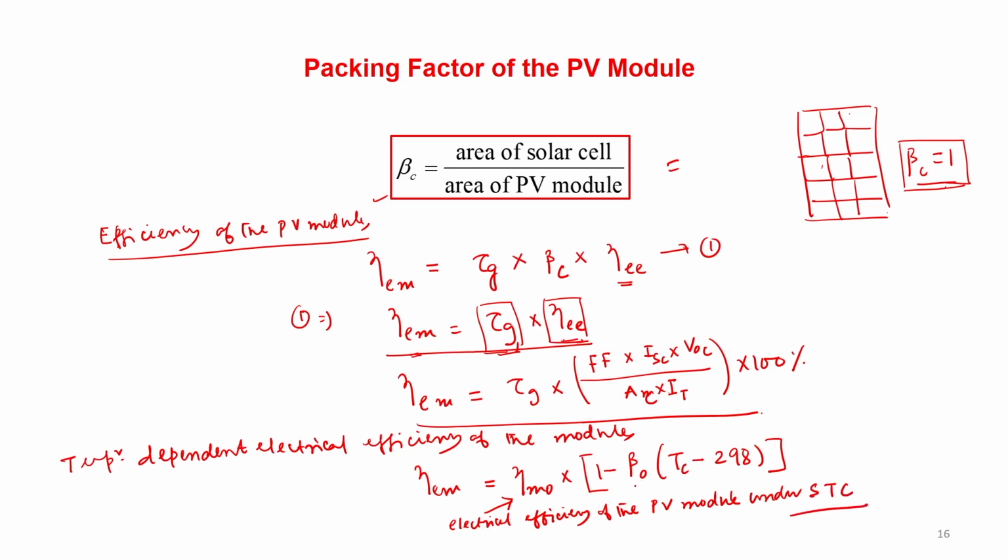This Tc is the cell temperature and this beta naught is the temperature expansion value, which is nothing but 1 by T. Okay. So, that is how we can calculate the temperature dependent electrical efficiency of the module, right.